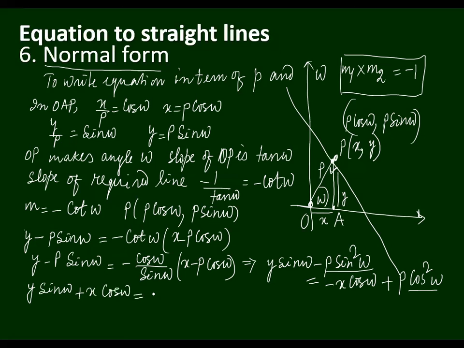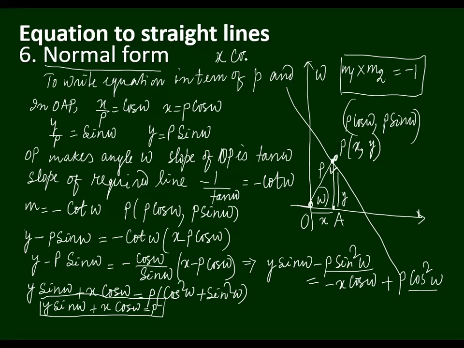On the right side, you are getting p into cos square omega plus sin square omega, which gives you 1. So ultimately, the equation you are getting is y sin omega plus x cos omega is equal to p. This is the equation in normal form: x cos omega plus y sin omega is equal to p.